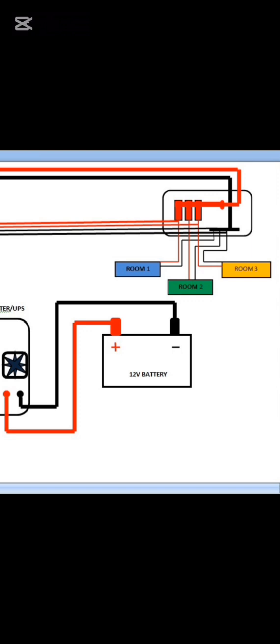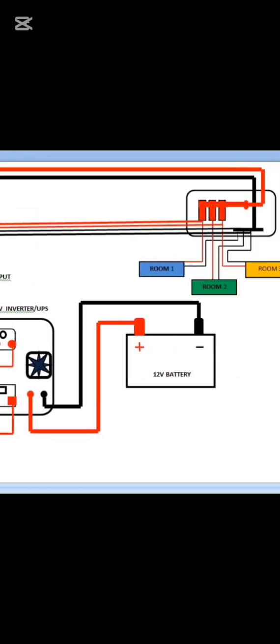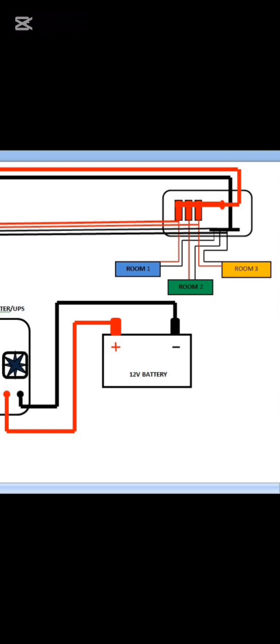But when you have two positive bus bars, it means it is a double phase, or three positive bus bars, meaning it is a triple phase. But in this diagram, it is a single phase bus bar.